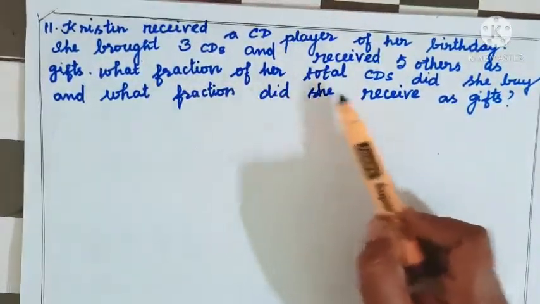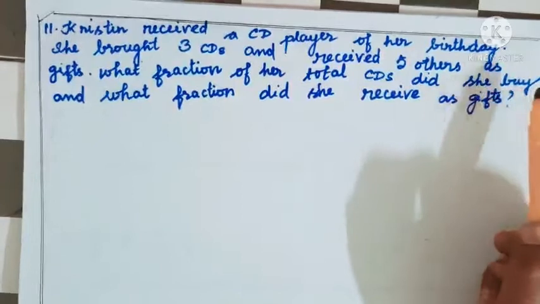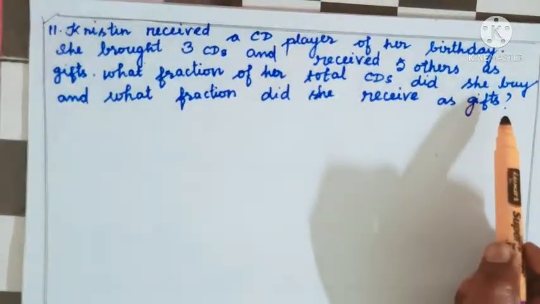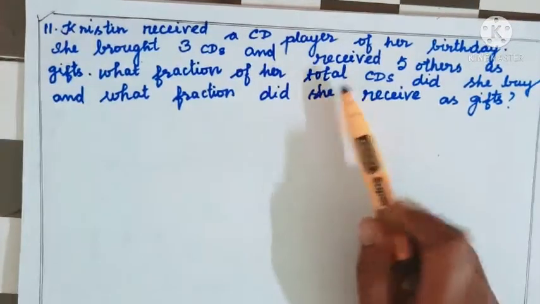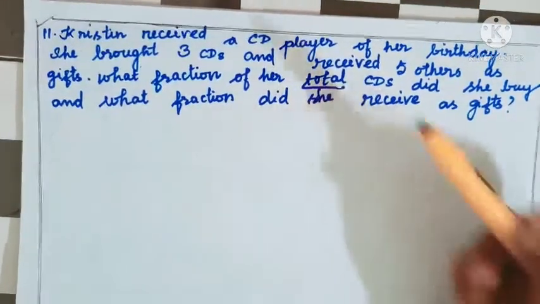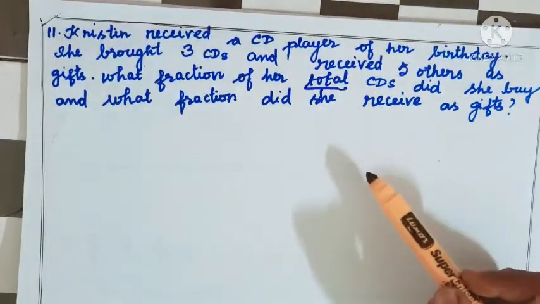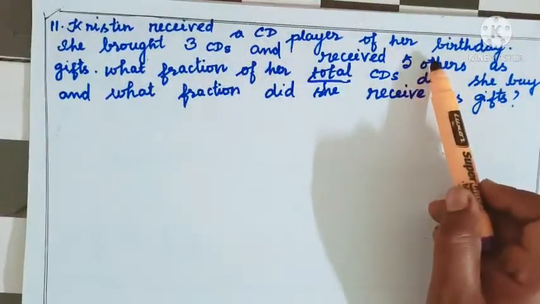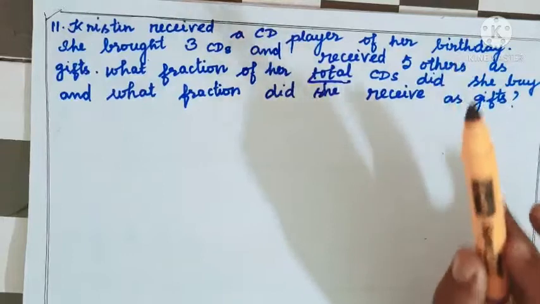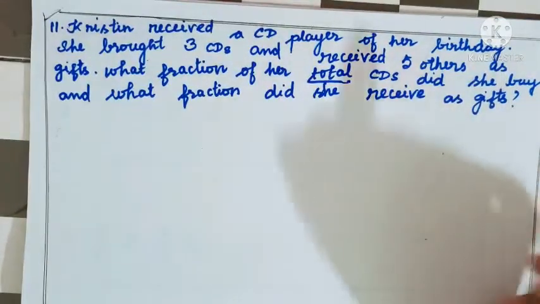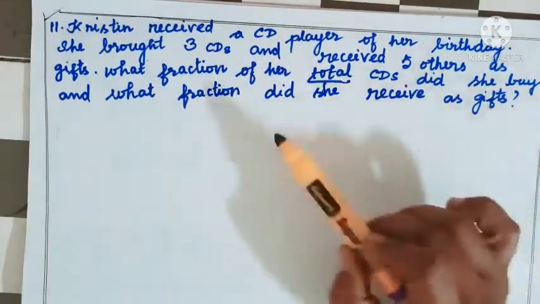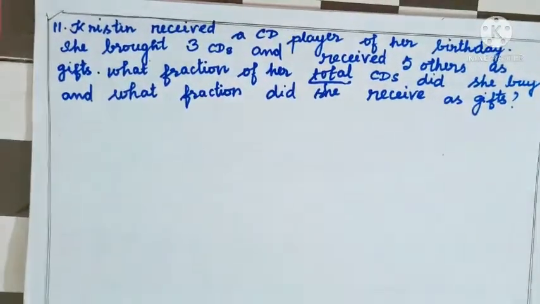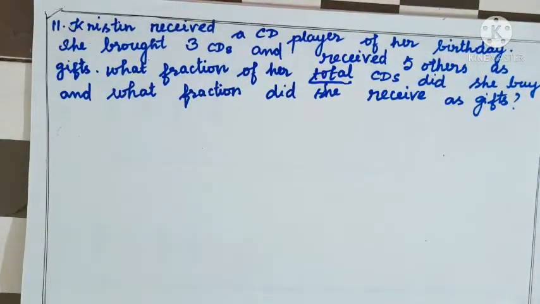What fraction of her total CDs did she buy and what fraction did she receive as gifts? With this question you see the total first. First, how many she bought, how many she received. That total you have to find out. That is the first step. Next step is what they are asking, what fraction did she receive as a gift? We have to find the fraction for it.